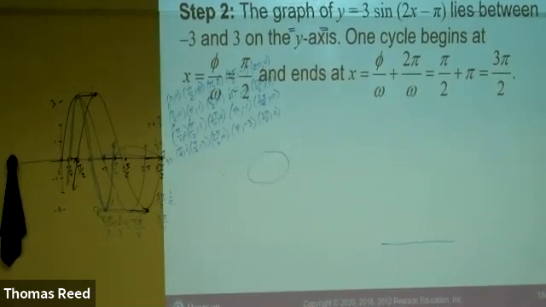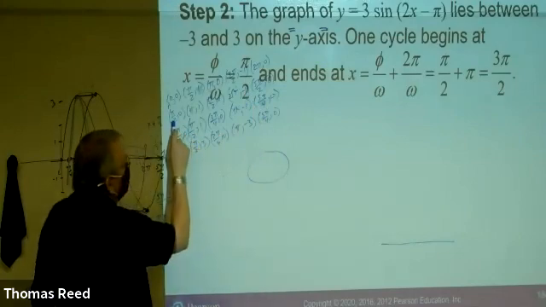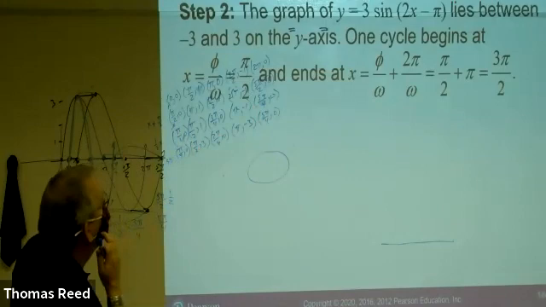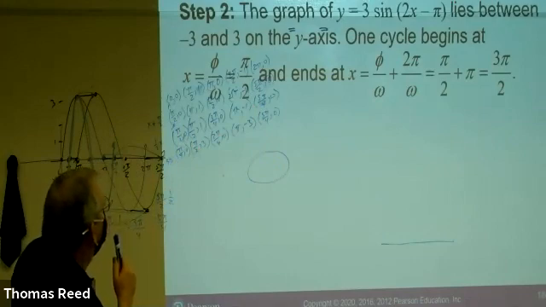So the cycle, one cycle begins at pi over 2, and ends at 3 pi over 2.